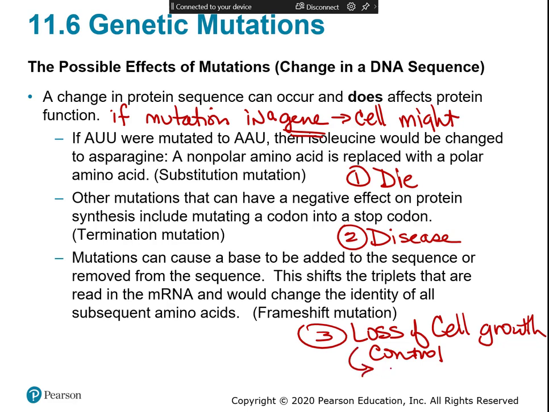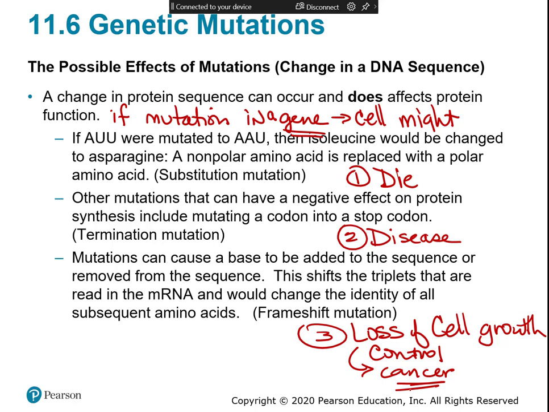So this can cause abnormal cell growth, might form a tumor, because that's all a tumor is. A tumor is just a collection of cells that are growing faster than they should. But those cells may actually leave the original tumor and spread, or metastasize, and then form tumors in other organs.